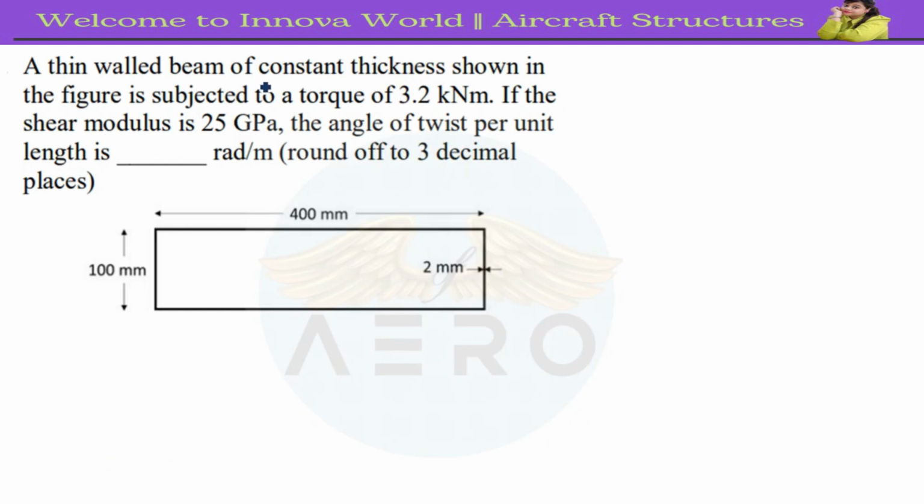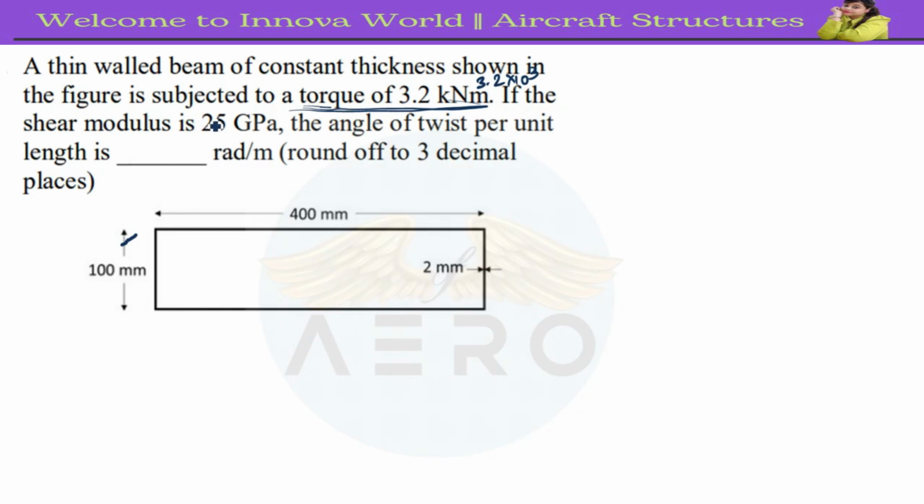A thin wall beam of constant thickness shown in the figure is subjected to a torque of 3.2 kilonewton meter. Always take care of the units, okay? Always. Whenever they have given this, try to convert that in terms of SI units. So 3.2 means 3.2 into 10 power 3 Newton meter.